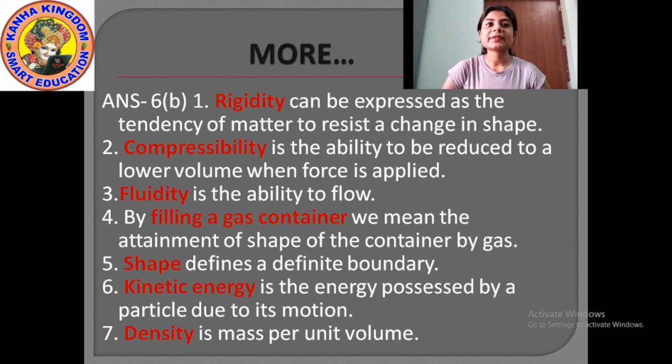Then number 5 is shape. Shape defines a definite boundary of a matter or a substance. Then kinetic energy. Kinetic energy is the energy possessed by a particle due to its motion.